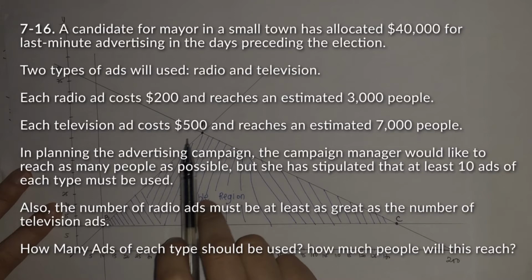In planning the advertising campaign, the campaign manager would like to reach as many people as possible. The manager has stipulated that at least 10 ads of each type should be used. Also, the number of radio ads must be at least as great as the number of television ads. How many ads of each type should be used? How many people will this reach?